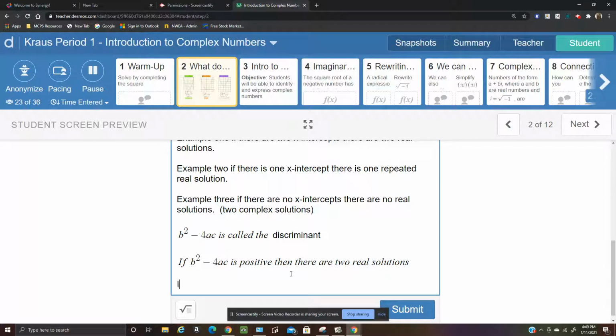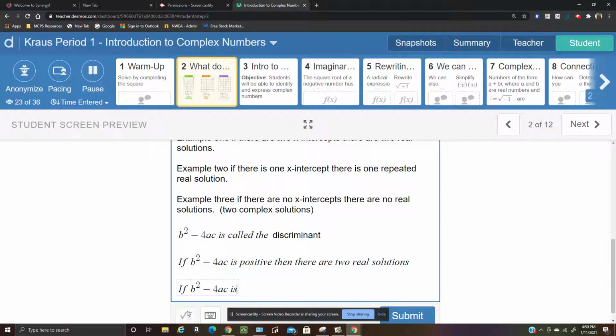The second condition, if b squared minus 4ac is 0, there's one real solution.